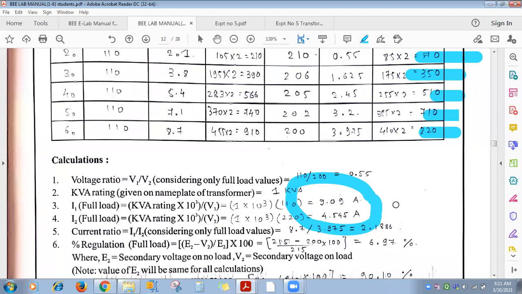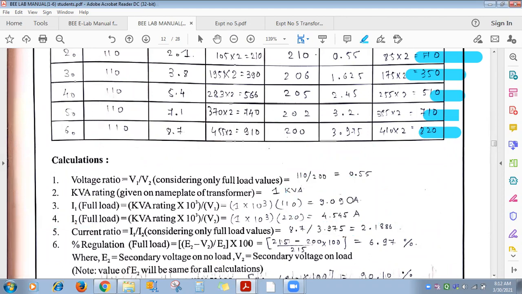All of you know copper is very expensive, and insulated windings are required. Both the windings are wound on the core, so replacement cost increases, right? So the better way is do not overload the transformer. That is the significance of I1 full load and I2 full load. If you find the current is above this value, immediately remove the load. Don't overload the transformer.